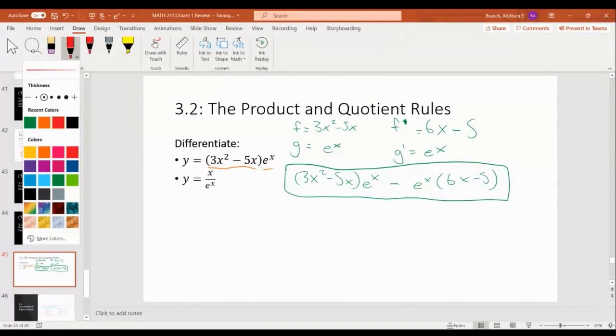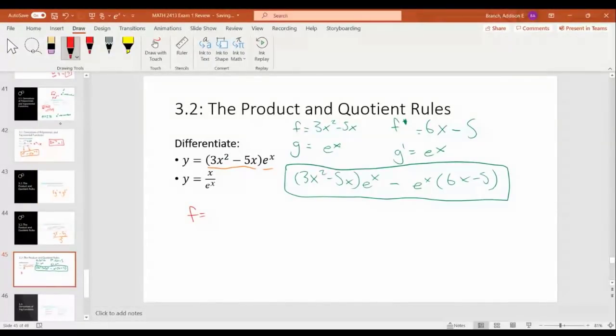All right. So now for our quotient rule, we can say our f is equal to x, and our g is e to the x. Then we'll have our f prime is 1, and our g prime is e to the x.